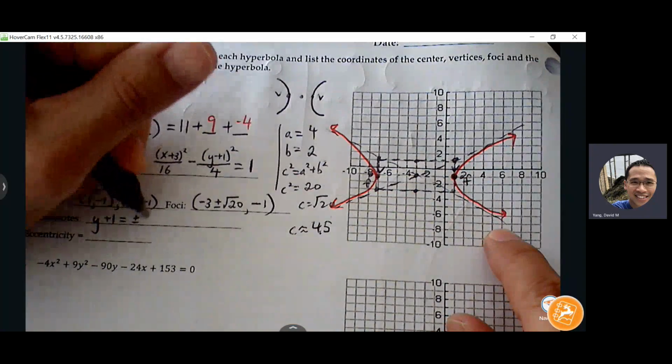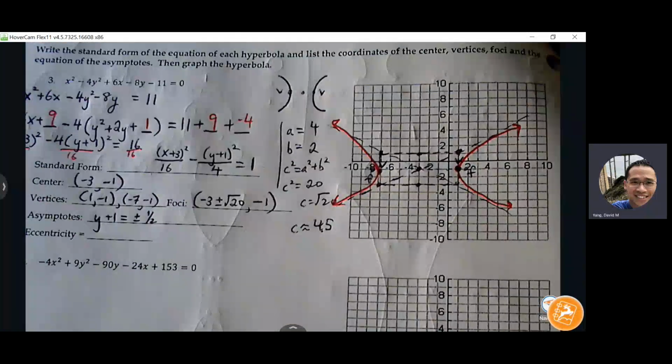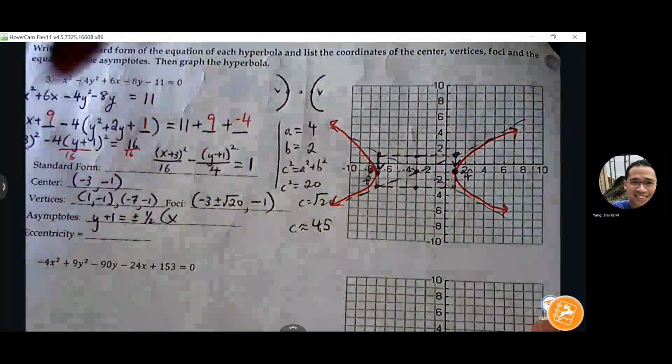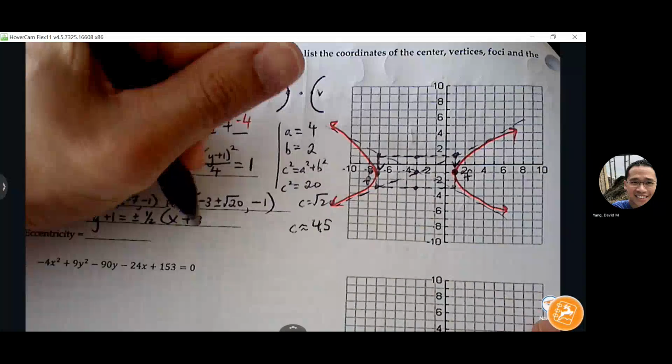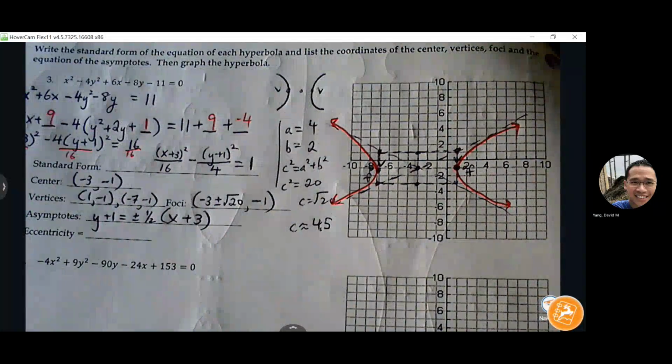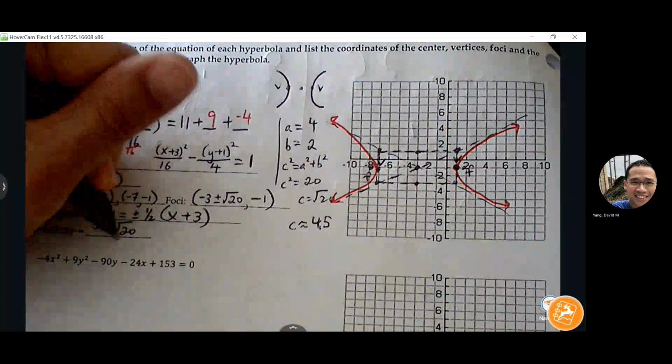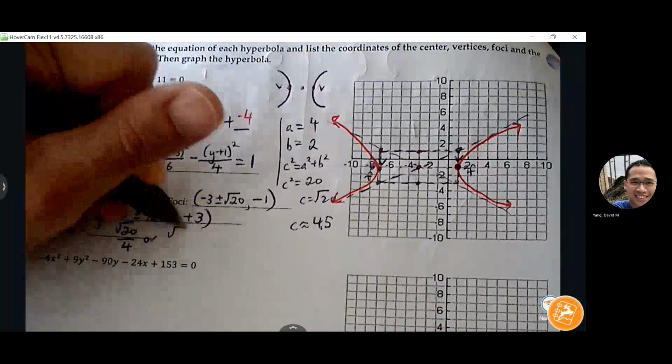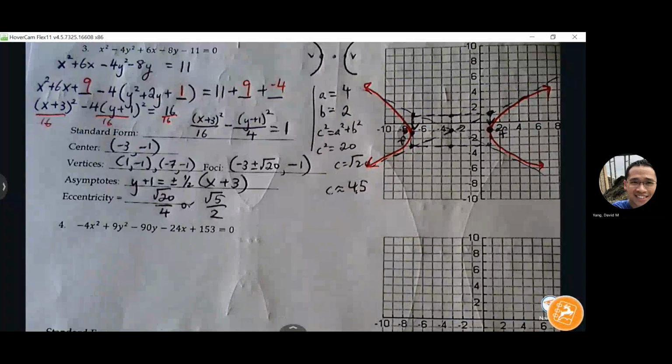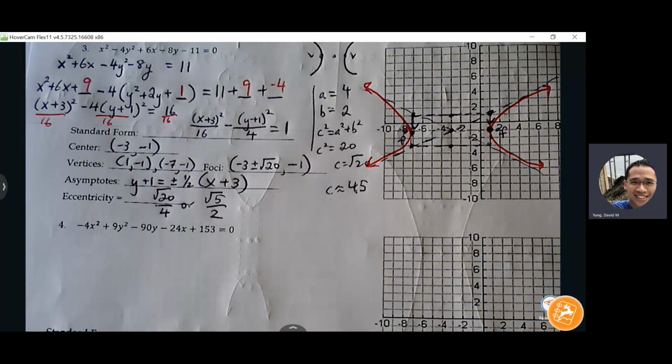Put a plus or minus in front of it, because that will take care of both of your asymptotes. Any questions there?